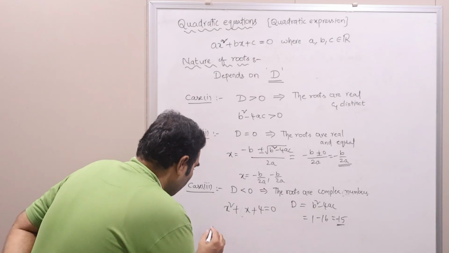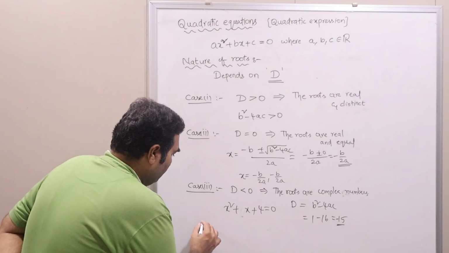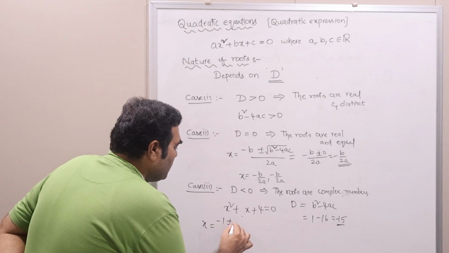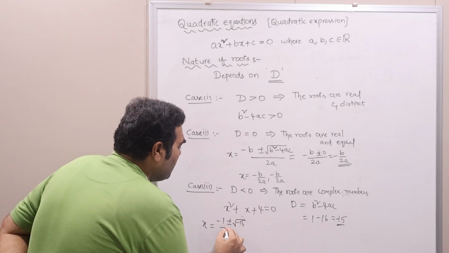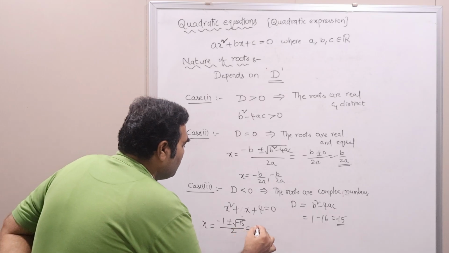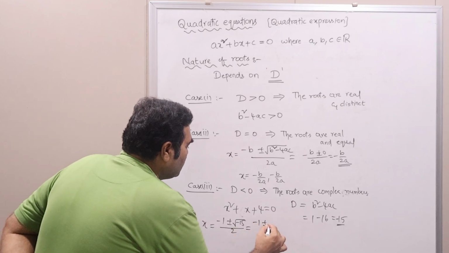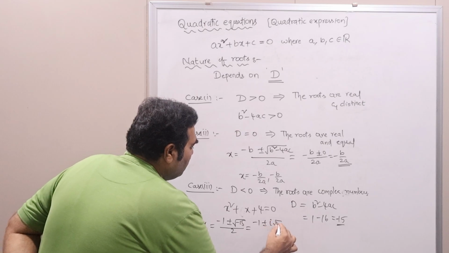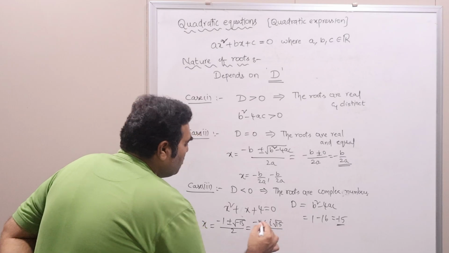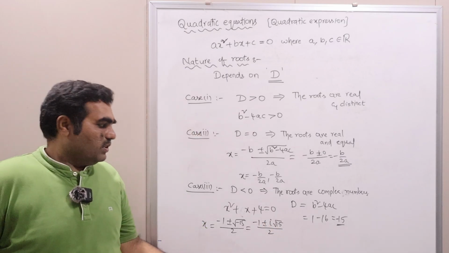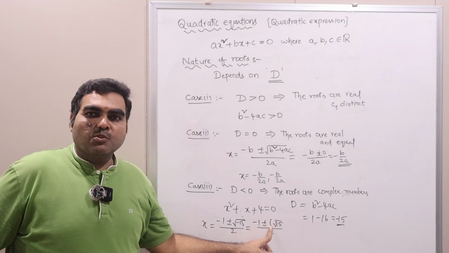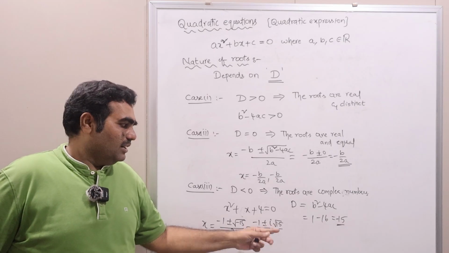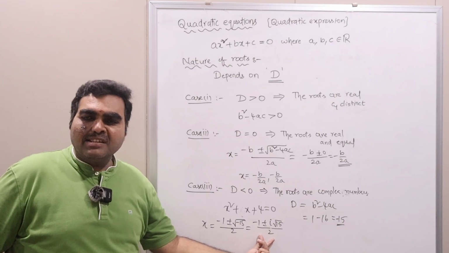So if I substitute here to calculate x, minus b, that is minus 1, plus or minus square root of minus 15 by 2, which is equal to minus 1 plus or minus i into square root of 15 by 2 you will get. Okay, where i is nothing but square root of minus 1, the complex identity we call, right? So you will get such a situation where D is negative.